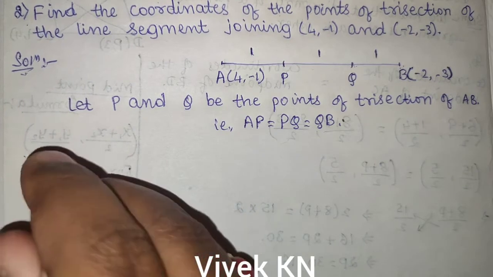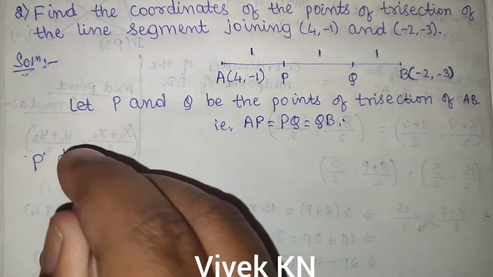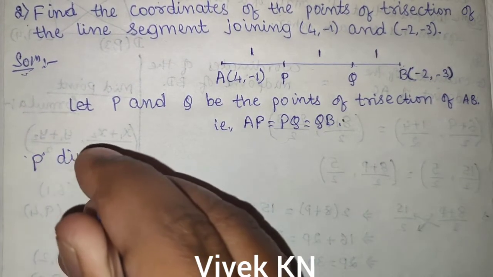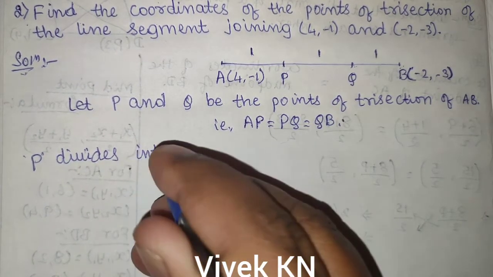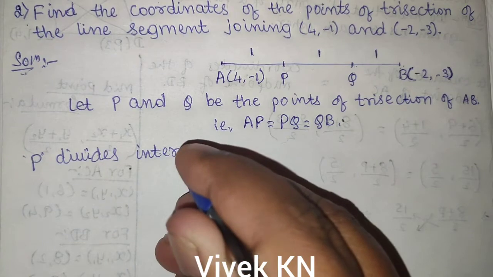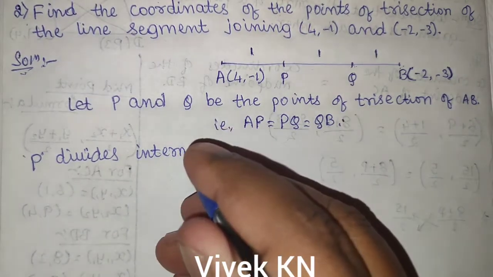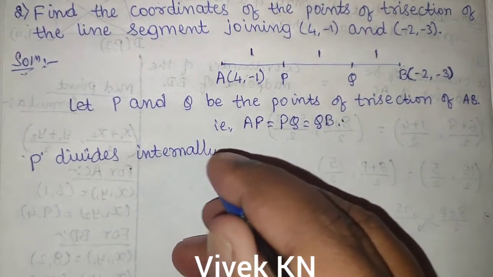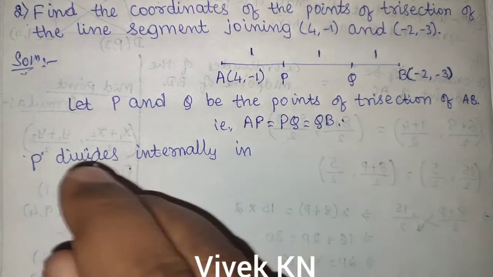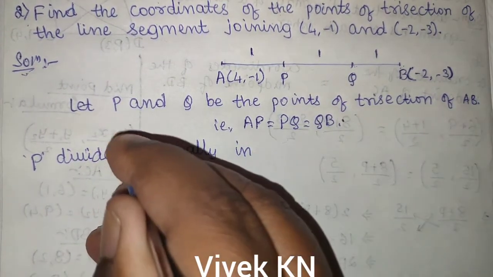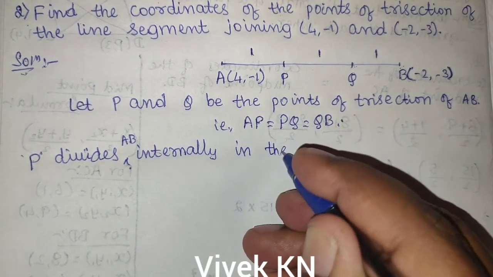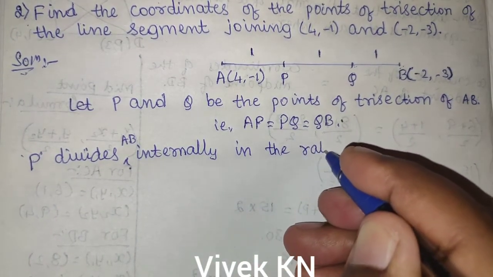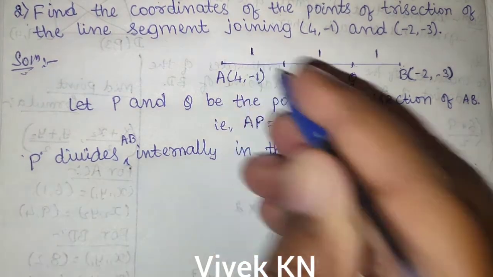P divides AB internally in the ratio 1:2.